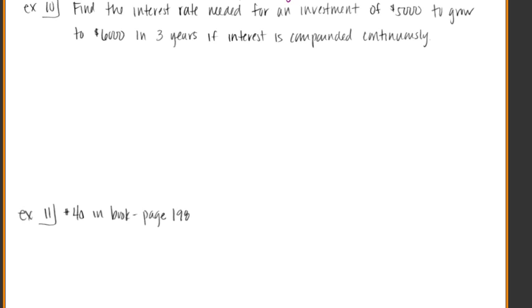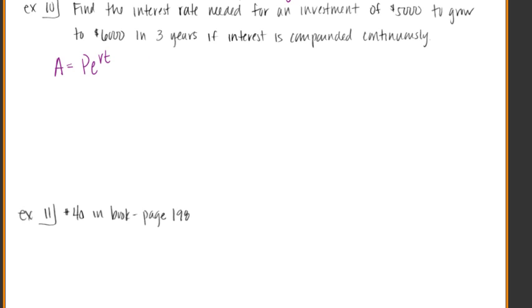Okay, let's find the interest rate. The interest rate that's needed for an investment of $5,000 to grow to $6,000 in 3 years if interest is compounded continuously. Okay, since we're compounding continuously, we get to use the PERT formula.